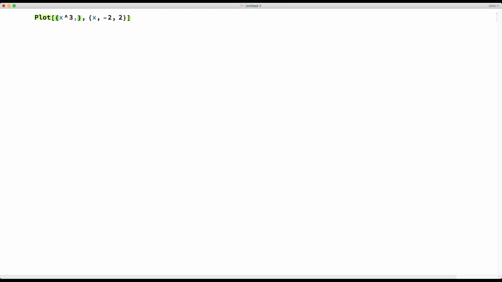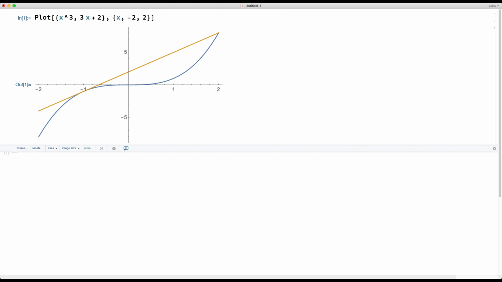As a function, it was 3x plus 2, right? So I'll go ahead and graph that also. And if I do it right, what do we see? The blue line is our original, x cubed. The orange line is our tangent. Does it look like it's tangent at the actual point? That would be right here. Does that look pretty good?